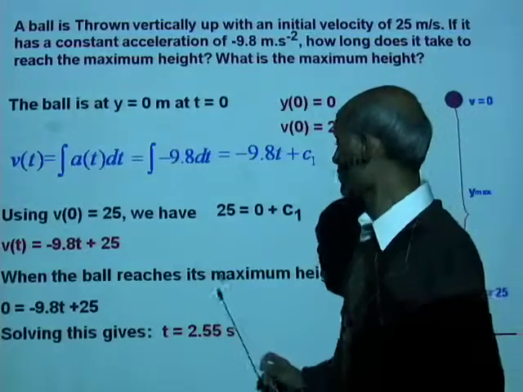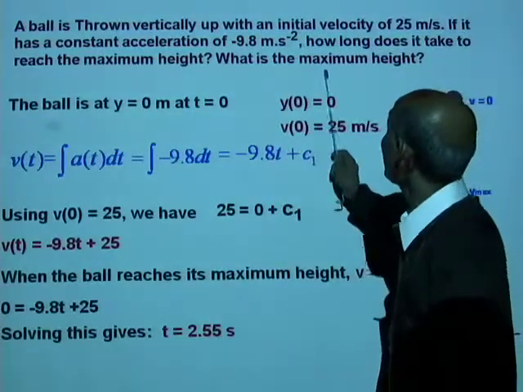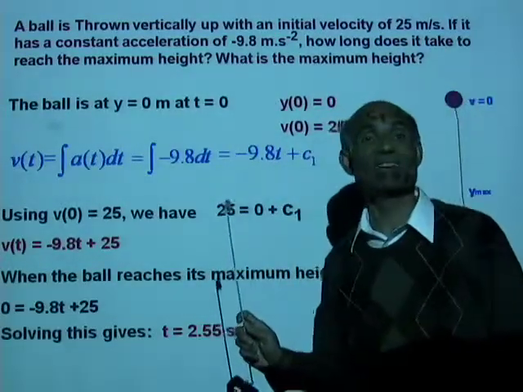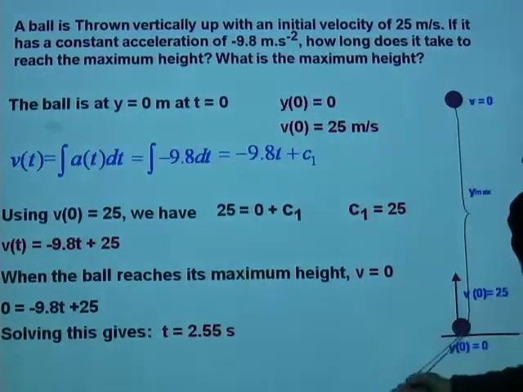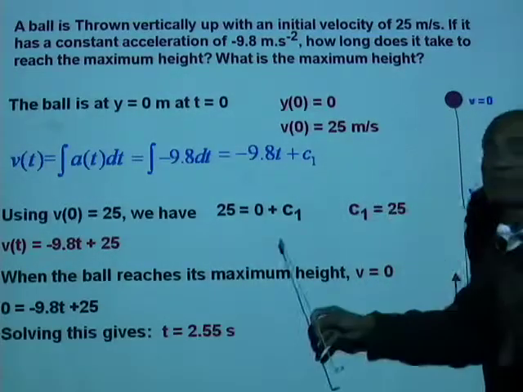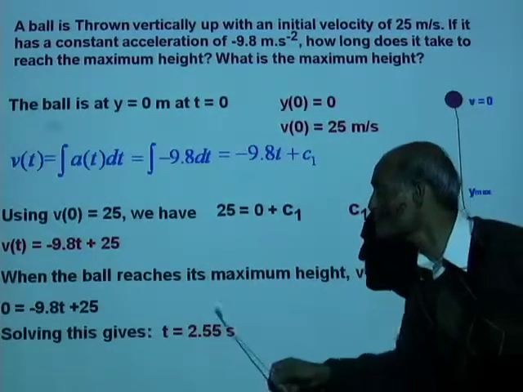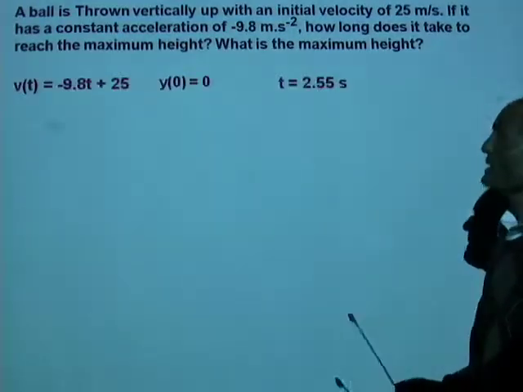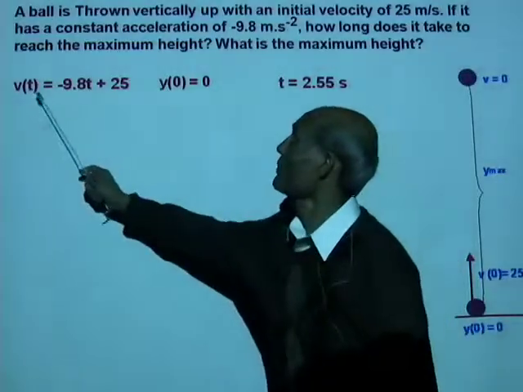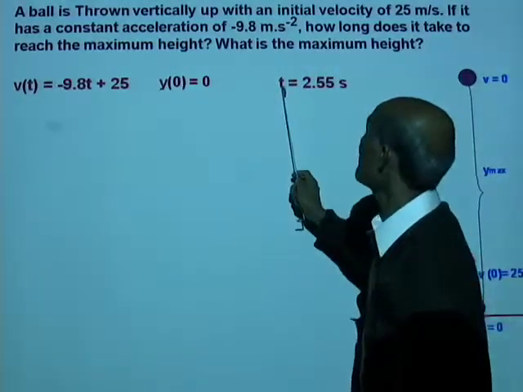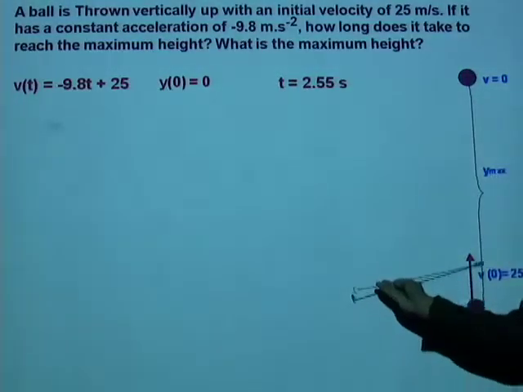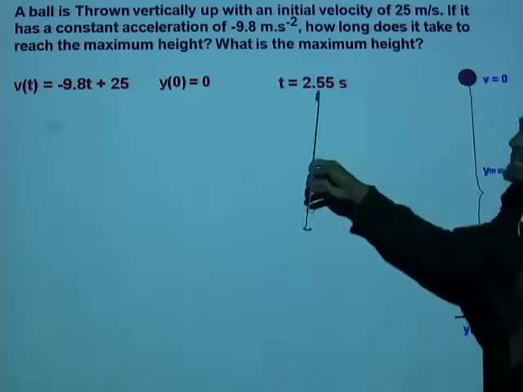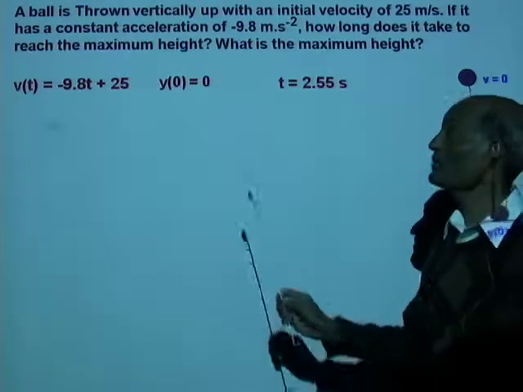And then we also need to find what is the maximum height. In other words, what is the position y when t equal to 2.55 seconds? That is the question. So, we now have the velocity function. We have the time taken by the ball to reach the maximum height is 2.55 seconds.